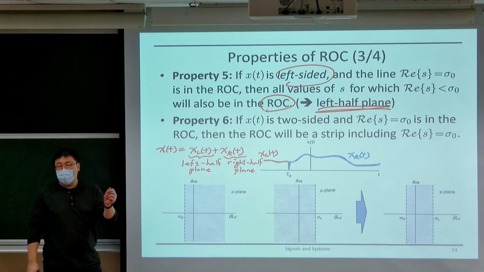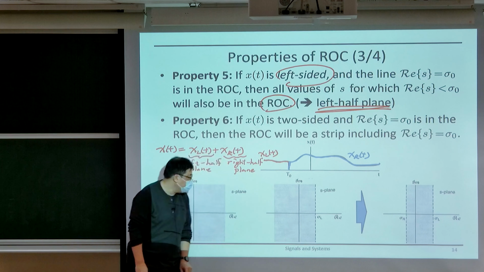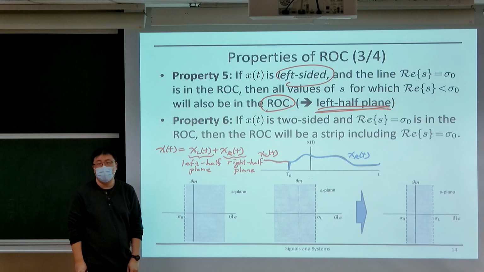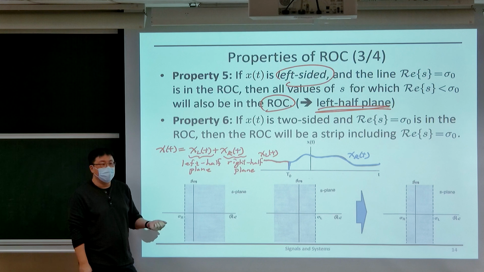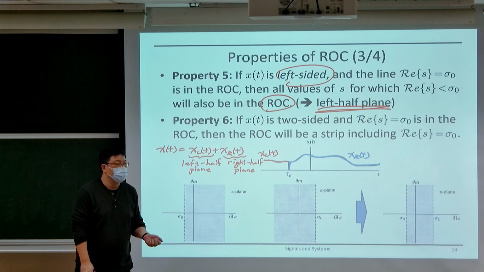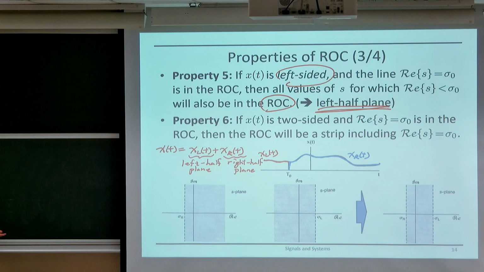Now, it is possible that sigma L is less than sigma R. So what happens if sigma L is less than sigma R? Okay. So then the Laplace transform does not exist for that case, okay?